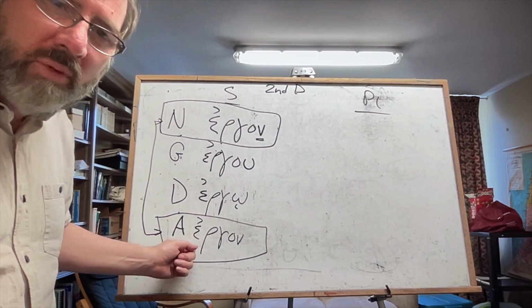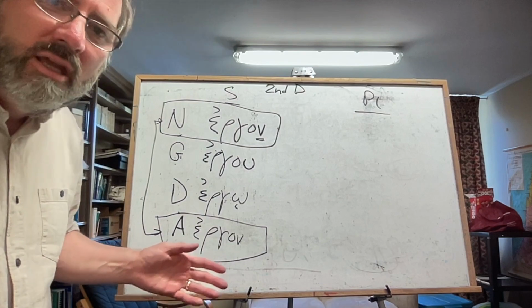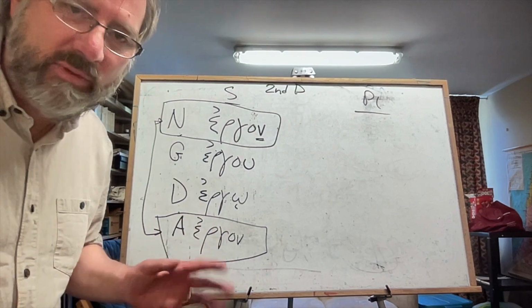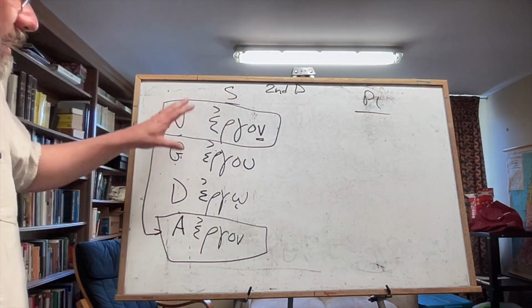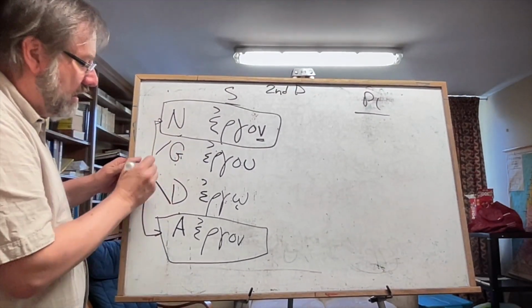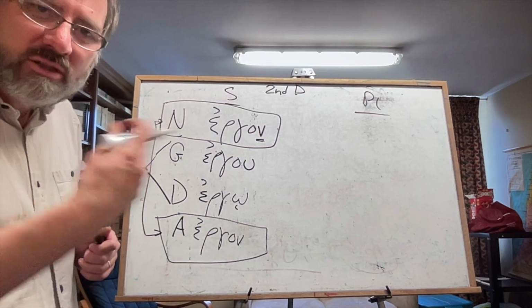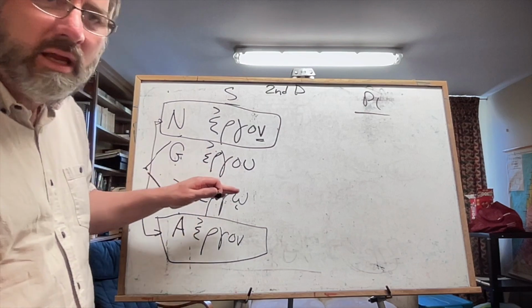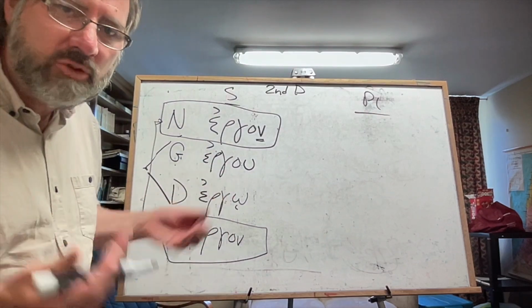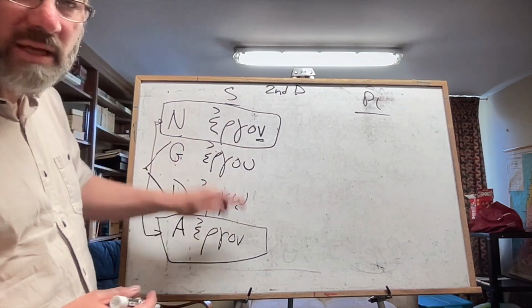The accusative will be acting as the direct object. Contextually, you should be able to see that. Also notice that the genitive and the dative singular forms are exactly the same as what we saw in the masculine form. So that's where the pattern generally conforms in second declension.